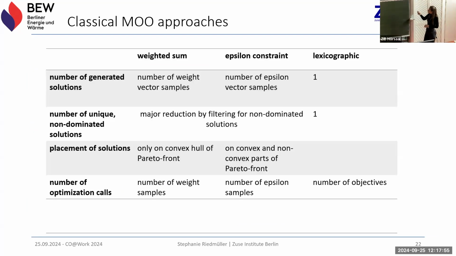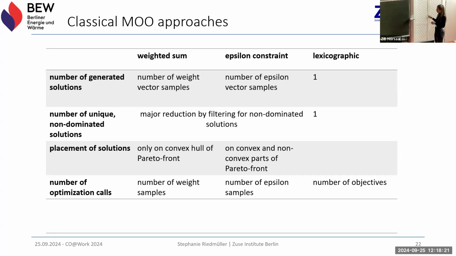But the epsilon constraint algorithm can give you even solutions that are in the non-convex areas of the Pareto front. And for the number of optimization calls, you have as many optimization calls as samples for the first 2 algorithms, and for the lexicographic algorithm, you have optimization calls for each of the objectives.